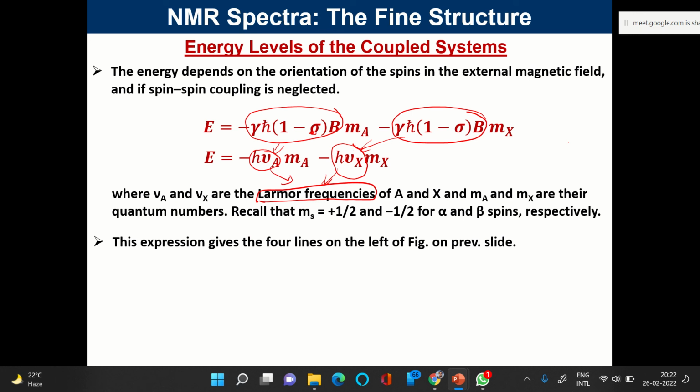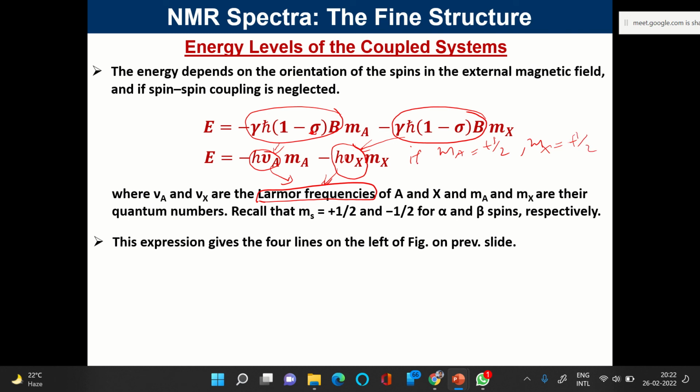Now if you substitute MA as plus half or minus half, if MA is plus half and MX is also plus half, what will be the value?